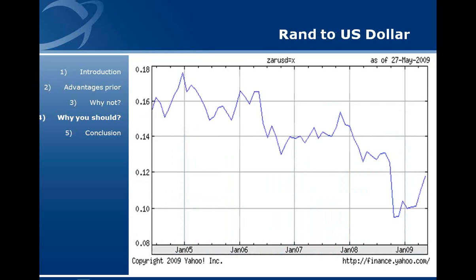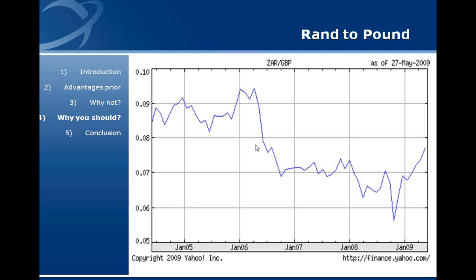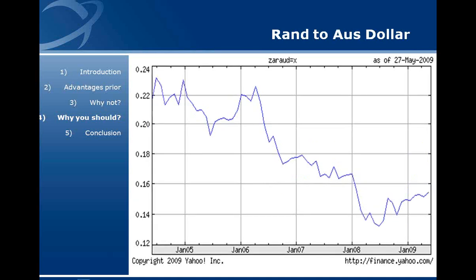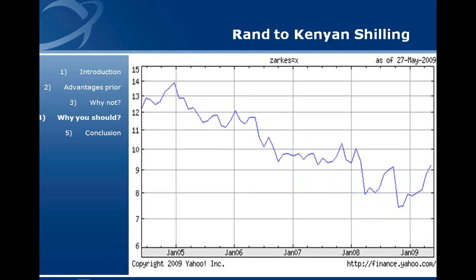The rand is strong at the moment. Also, when one takes the statistical average over the last 5 years, this is what I got from Yahoo Finance. It's very up to date, and you can see here the graph of the rand to the US dollar over the last 5 years. Here you can see the rand to the pound. Here you can see the rand to the Aussie dollar, and even the rand to the Kenyan shilling.